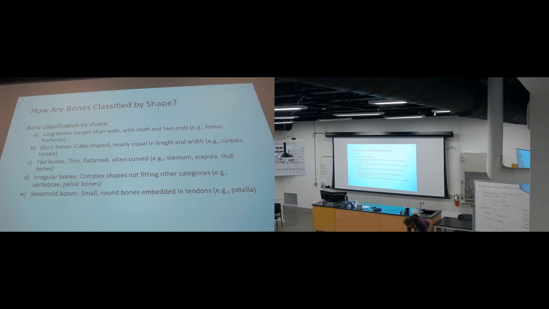Now, the proper name of the pelvic bones will be coxal. And I'm going to start pointing it right away because we will be looking at that every time. Pelvic is a colloquial name, but the anatomical name is coxal.